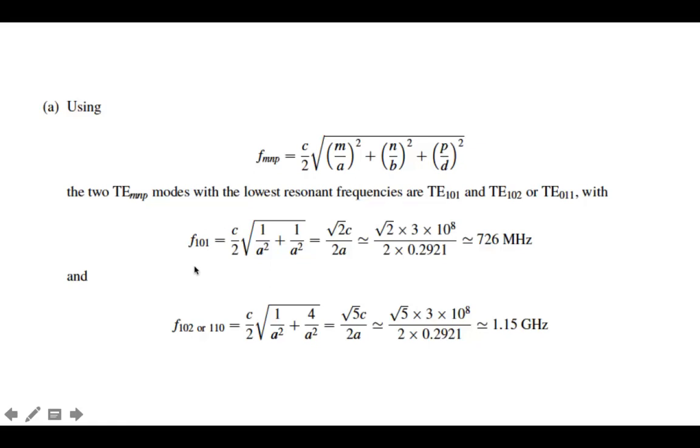So for the 101 mode, we get 726 megahertz. For the 102 or the 110, we get 1.15 gigahertz.